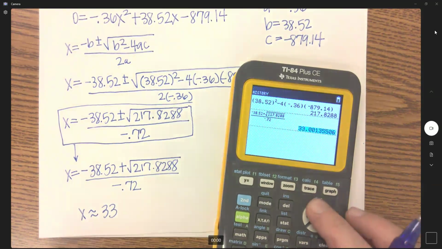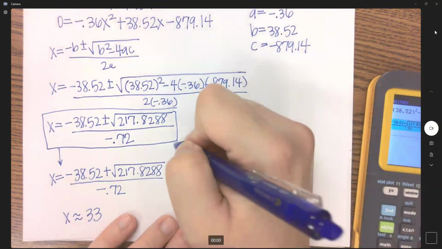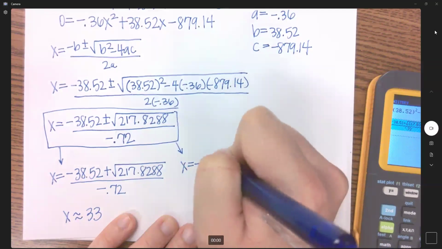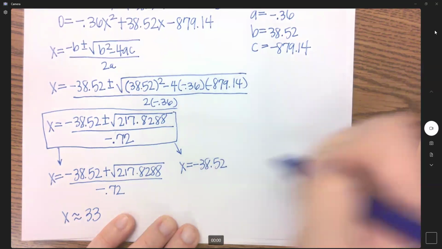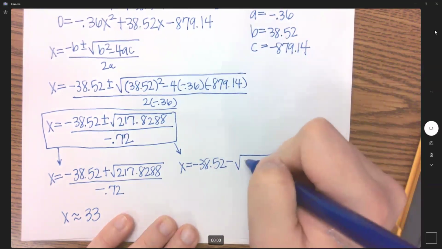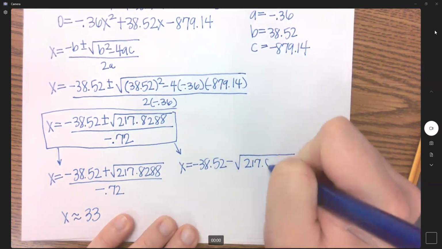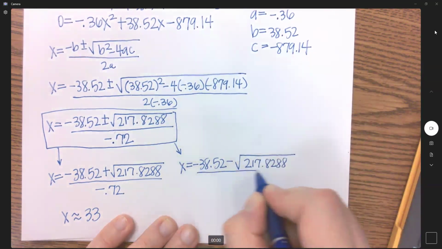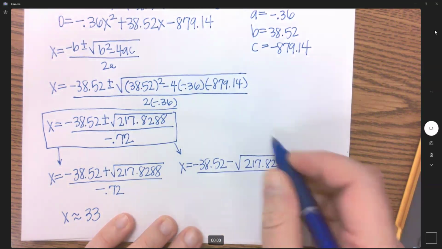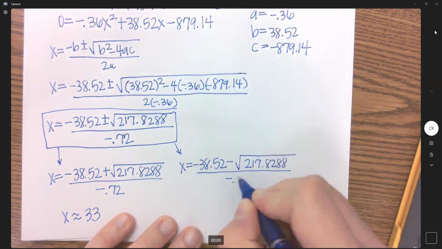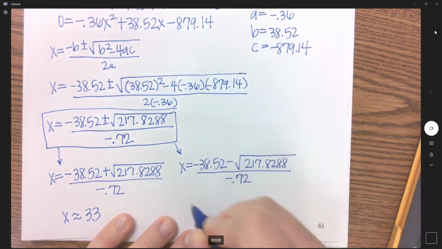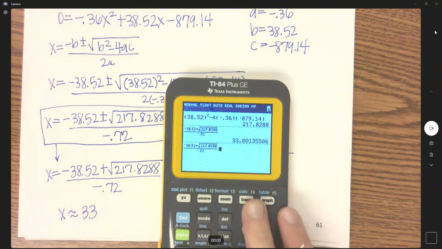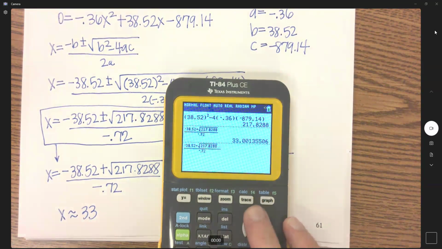Okay. And now my second answer would be x equals negative 38.52 minus my square root. X is about, and all I need to do is arrow up and edit that.